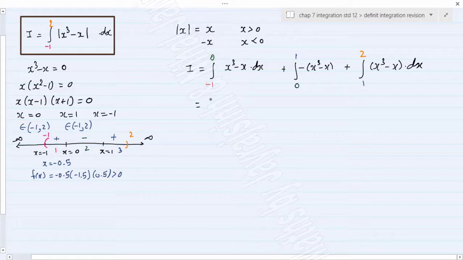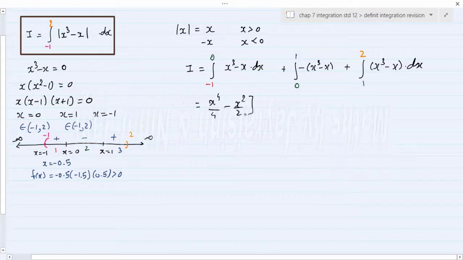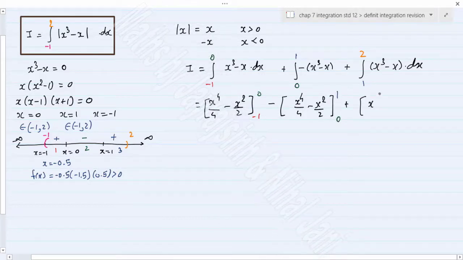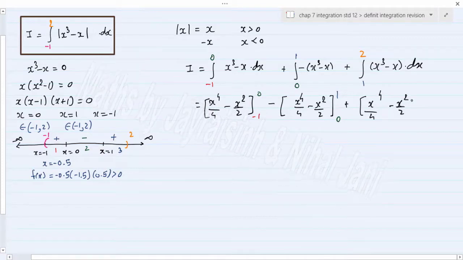Let's integrate the first term. Integration of x cube will be x raised to 4 by 4 minus x square by 2. Our limit is from minus 1 to 0, minus integration of x cube, again x raised to 4 by 4 minus x square by 2, but limit is from 0 to 1, plus x raised to 4 by 4 minus x square by 2, and limit is from 1 to 2.